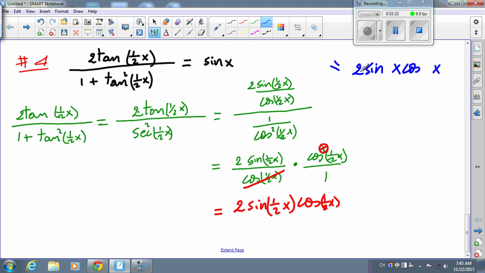And you know that 2 sine x cosine x is actually the sine of 2x. So if instead of x there, I put 1/2 everywhere, in other words, I'm saying 2 sine 1/2 x cosine 1/2 x, and I also put 1/2 here, the 1/2 and the 2 cancel, and this is actually the sine of x. So this is equal to sine of 2 times 1/2 x, which is equal to the sine of x.